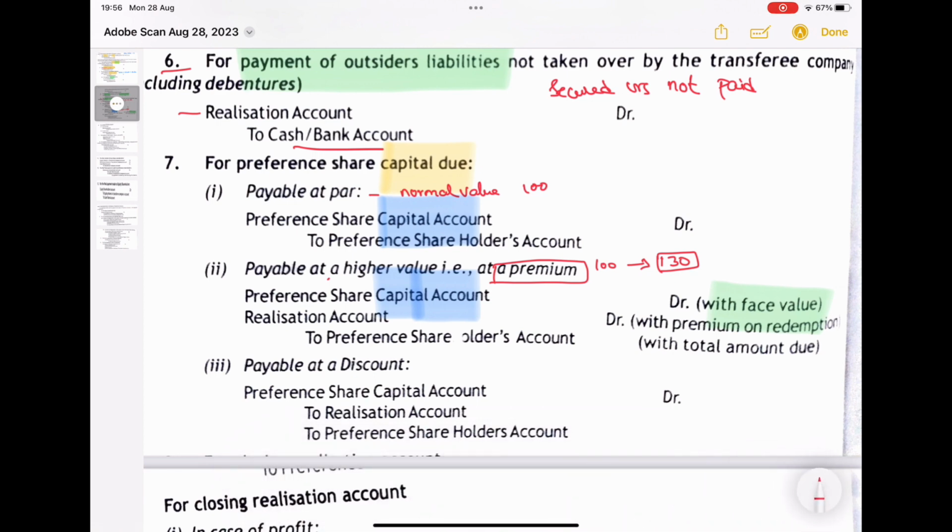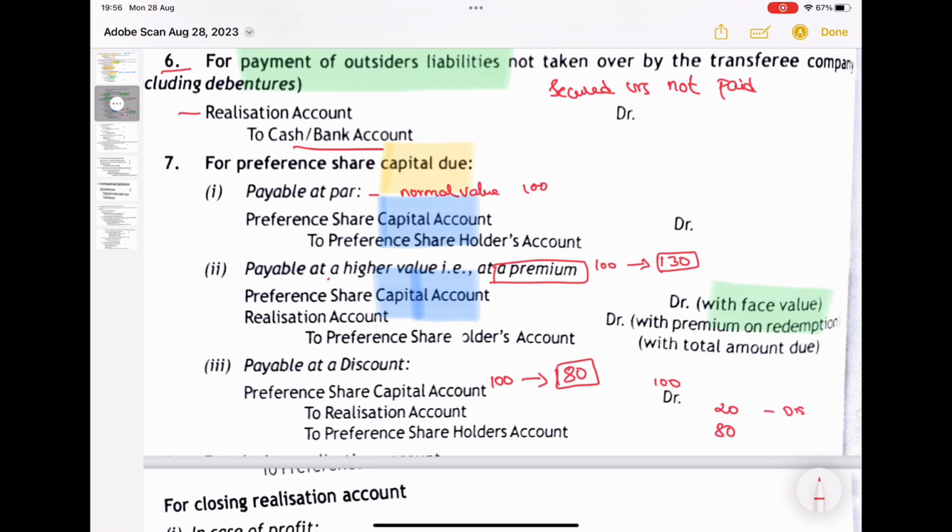For example, the capital is valued at 100. Due to some market conditions, it is valued at a lesser value, say 80. So 80 rupees is the discounted value. So preference share capital account debtor to realization account with the discounted value of 20 rupees, which you have to mention there, to preference shareholders account. So debit you will have 100, for credit 20 and 80.